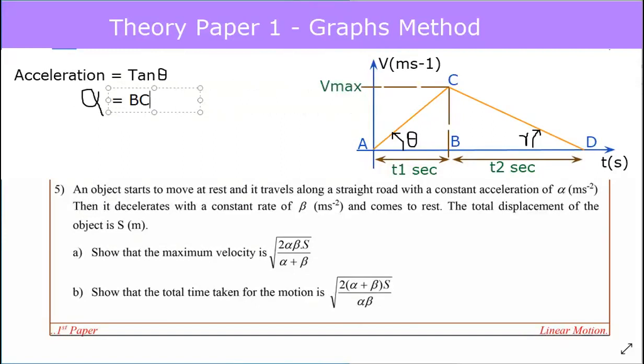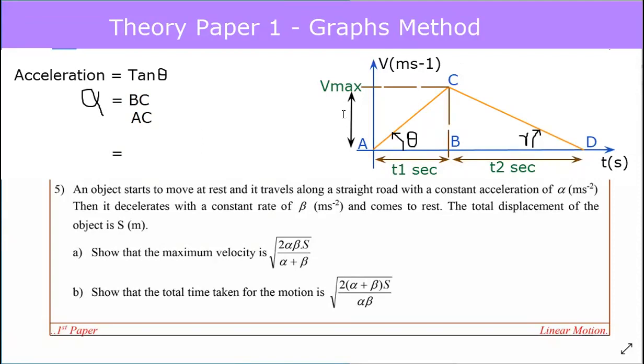So opposite side is BC, adjacent side is AC, right? Then what is the BC height? Can somebody tell me what this height is? BC height means actually this side. Yes? V max, sir. V max, very good. So that height is V max.